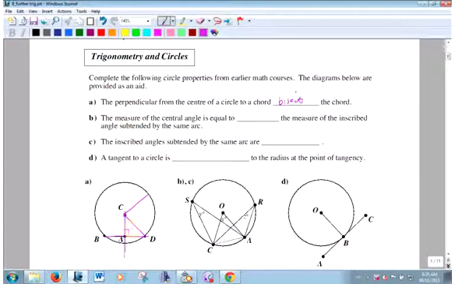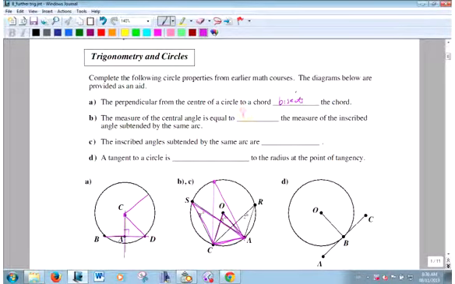Okay? There's a relationship here between these angles. This angle in the center that's subtended by some chord is twice the measure of the angle that goes to the other side of the circle. I don't care where it is. Always, always, always. That's a relationship. Okay?